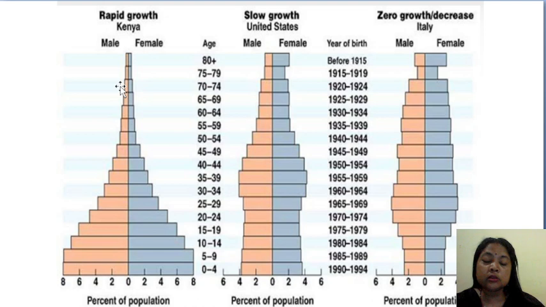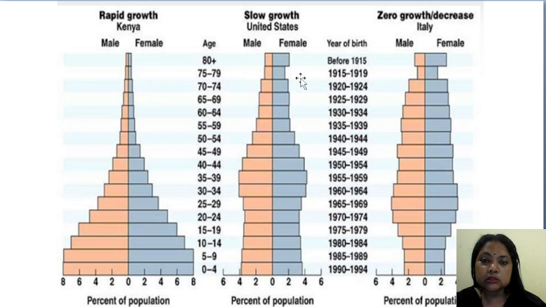Okay, so you see here, suppose in Kenya, from before the year 1915 up to the year 1994, it is one statistical study, and you can see for Kenya the number of 0 to 4 years age is increasing. Okay. From 1915 to 1994, which shows rapid growth, and then slow growth.